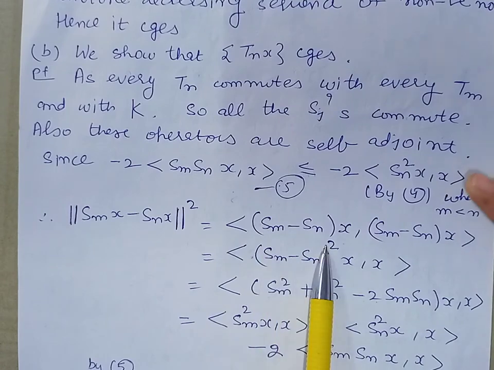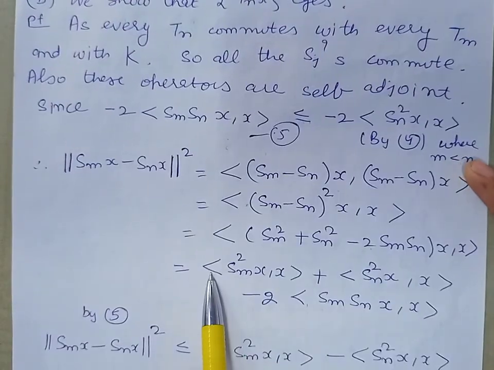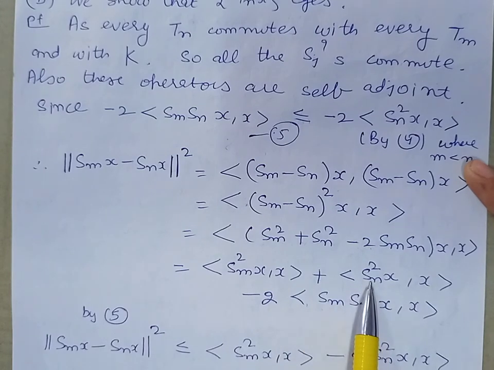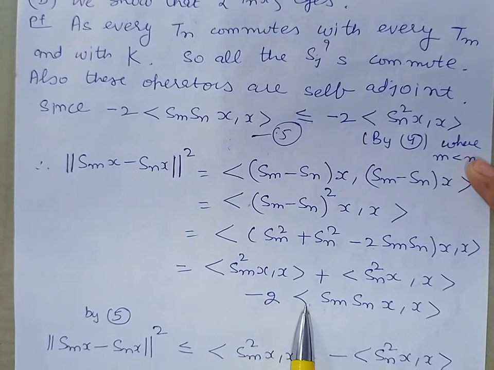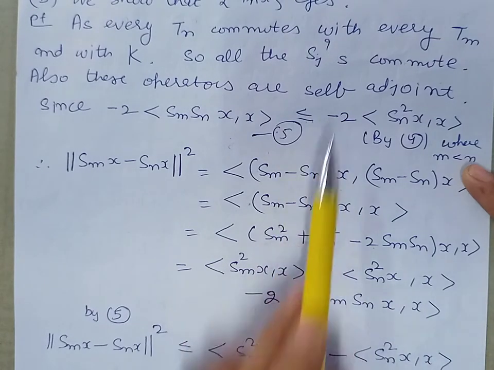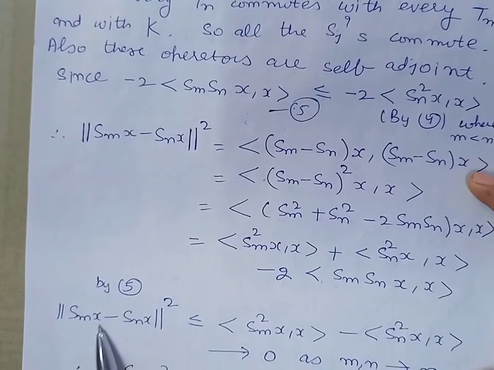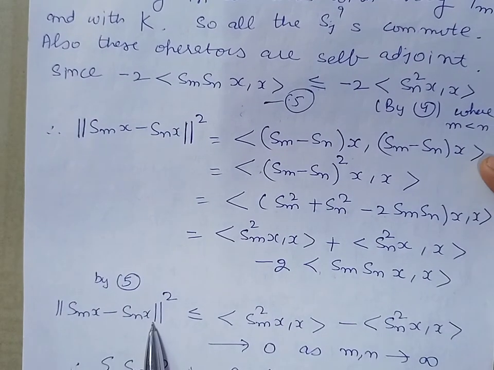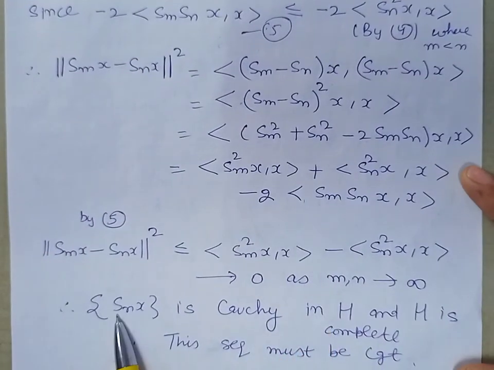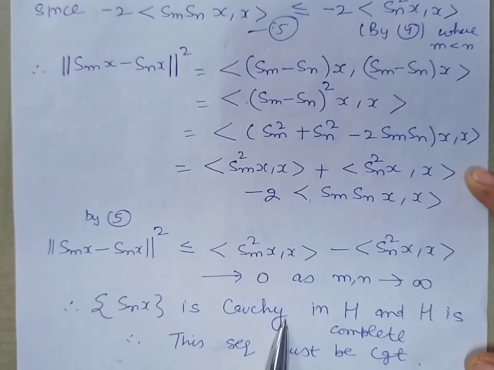Now expanding this whole square, we get inner product of Sm square x with x plus inner product of Sn square x with x minus 2 times inner product of Sm Sn x with x. Now by using this equation 5 here, we get norm square of Smx minus Snx approaches to 0 as n and m approach infinity, and this proves that the sequence Snx is a Cauchy sequence in H.